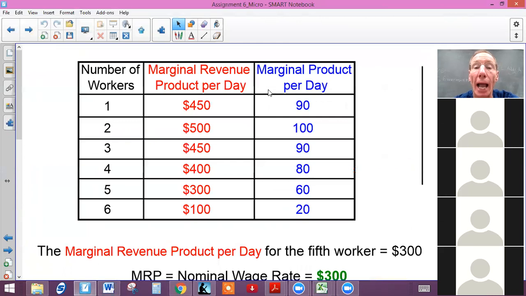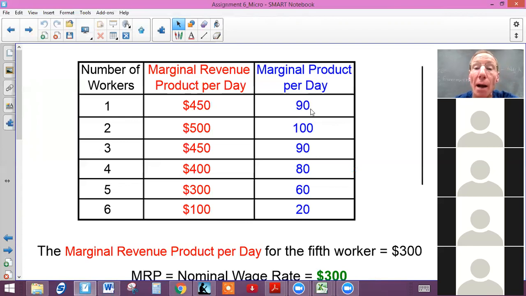I added in something here, the marginal product, okay? Because this is the marginal revenue product. How did I get this? I divided by 5, because it said the price was $5. So if the price is $5, then the marginal revenue product is the marginal product times price.